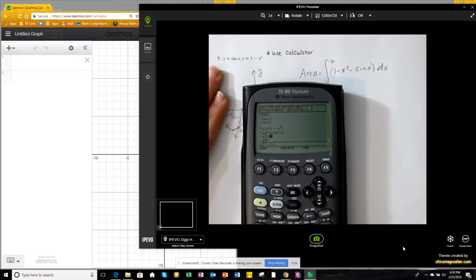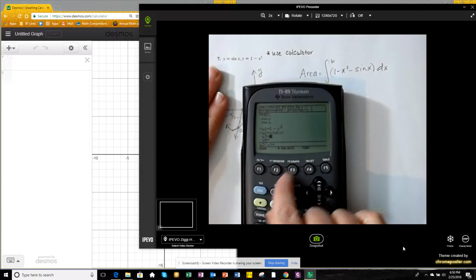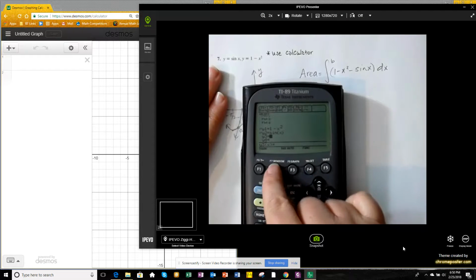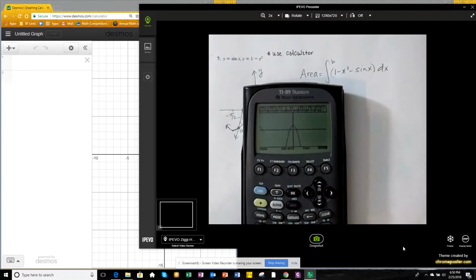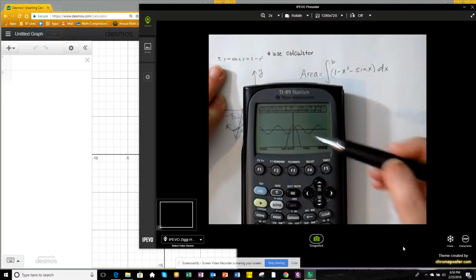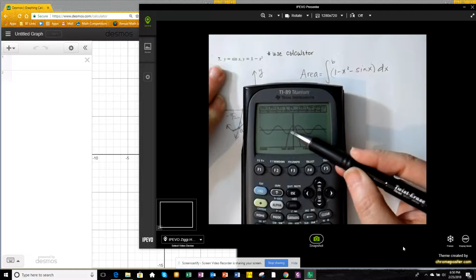All right, there we go. And I'm going to go to graph. But before I go to graph, I'm going to do a zoom trig, because I've got a trig function, and I'd like to see a nice trig zoom window. There it is. There's our function. And of course, there is our area that we spoke of here.